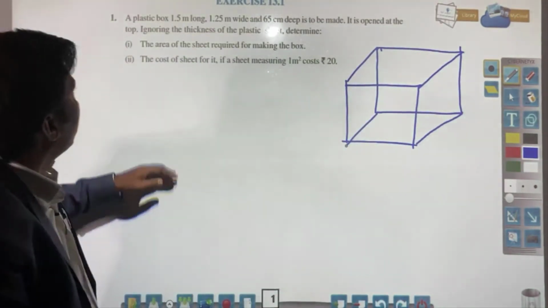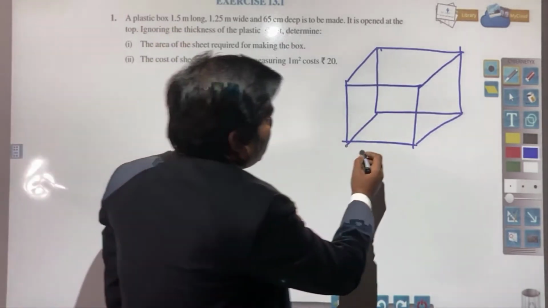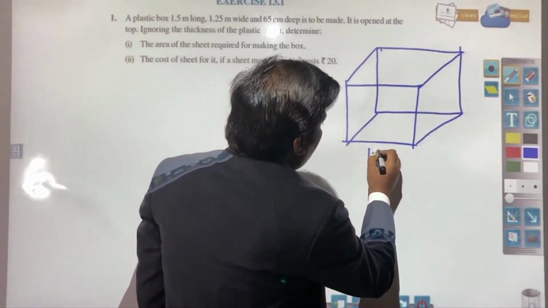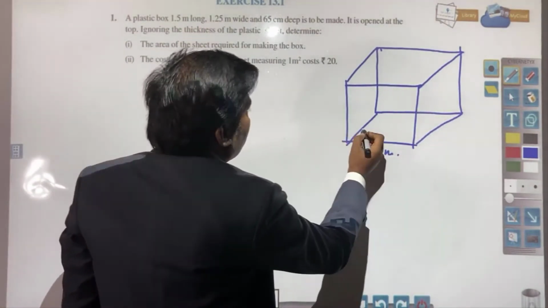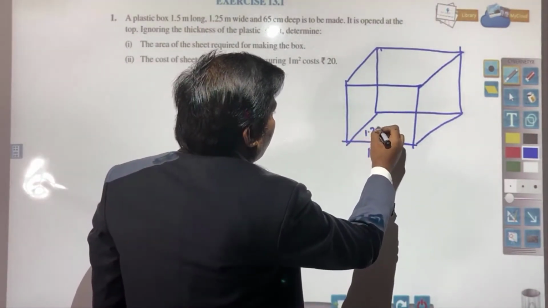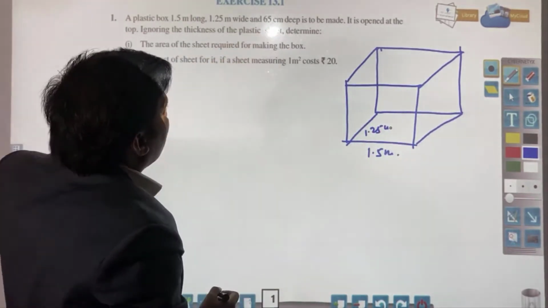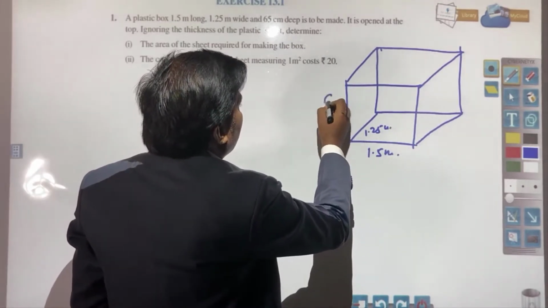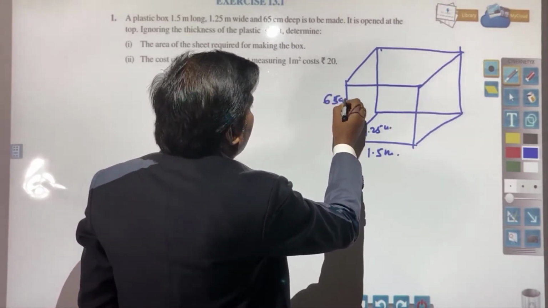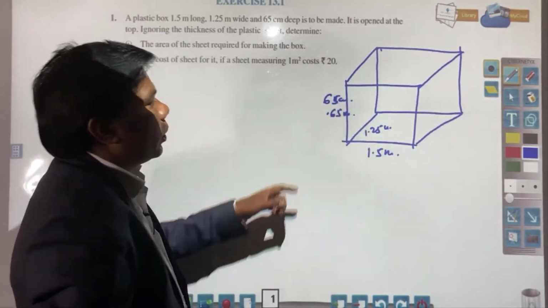Here you see, it has been given a plastic box 1.5 meter long. Suppose this is 1.5 meter, wide 1.25 meter, and height of this box is 65 centimeter. 65 centimeter means 0.65 meter, that you need to know.